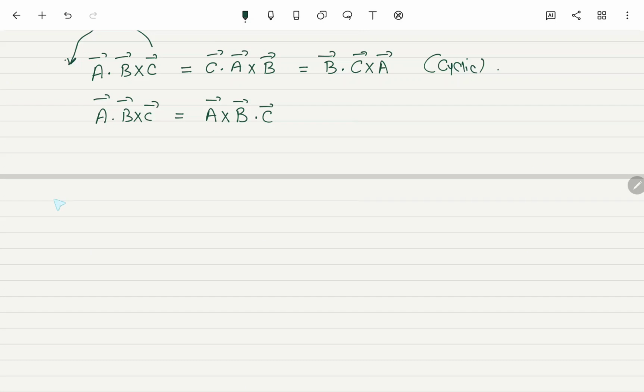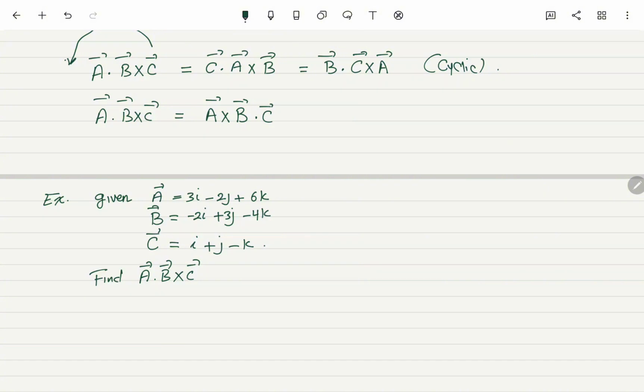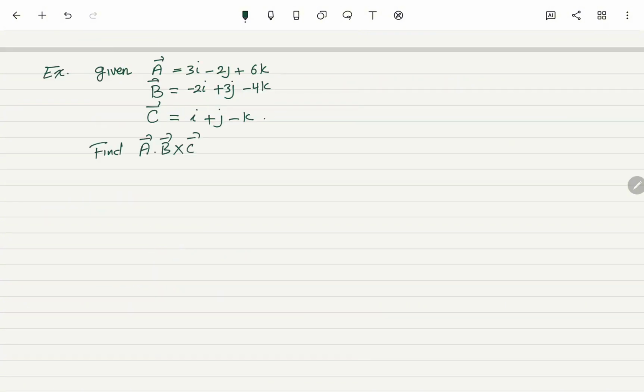Let's have an example. If we have A as a vector 3i minus 2j plus 6k, B equal to minus 2i plus 3j minus 4k, and C equal to i plus j minus k, find A dot B cross C. To find this, again, you open a determinant.